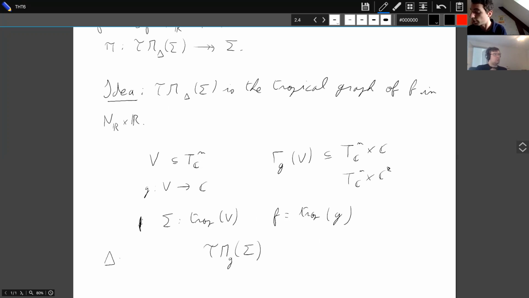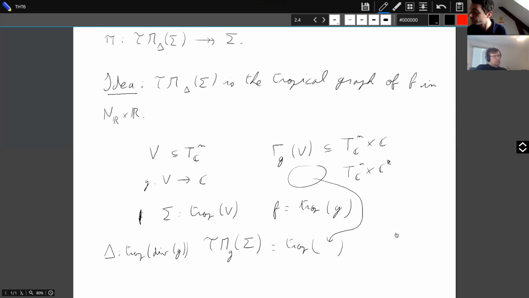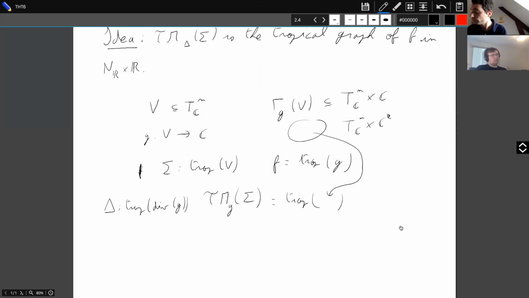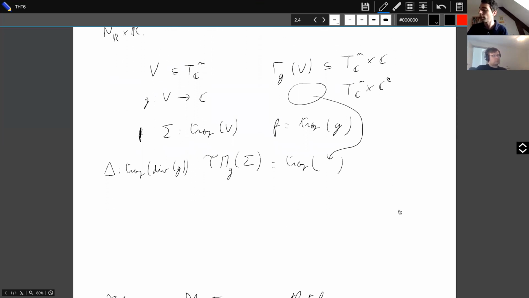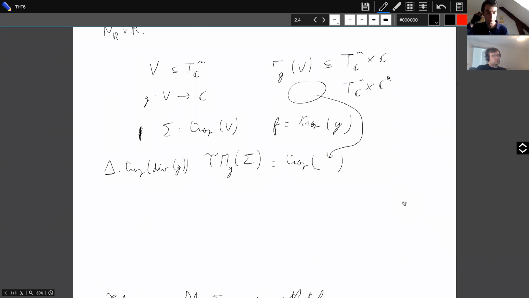Delta will be the tropicalization of the divisor of f. The divisor of f is the zero locus of f, and this is the tropicalization of this. So it's a tropicalization of the graph. You really have to think of it as a graph.